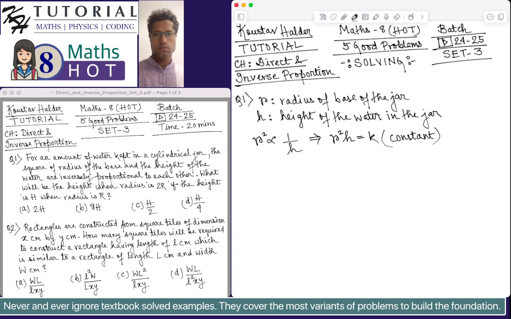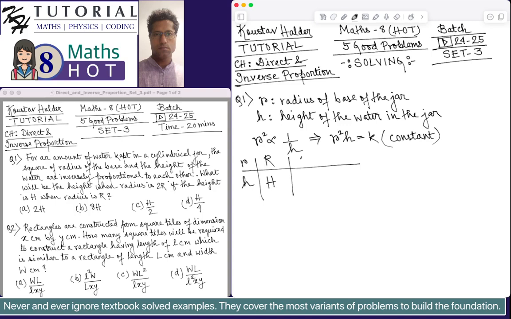Okay. Now it is saying, what will be the height when radius is twice capital R if the height is capital H when radius is capital R. So if we try to create a table from the given data, we have R and H. It is given that when the radius is R, the height is H. Now it is asking what will be the height when the radius is 2R.